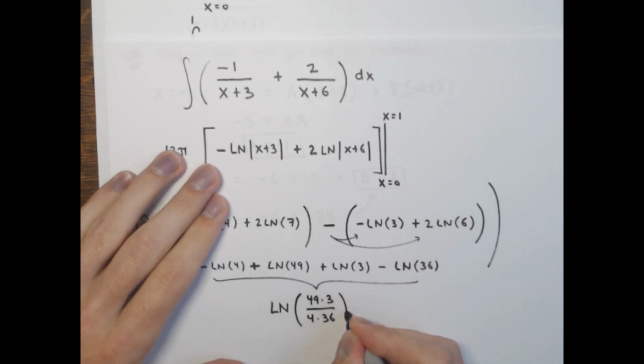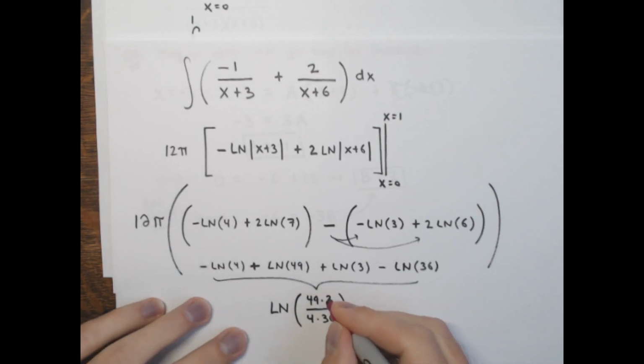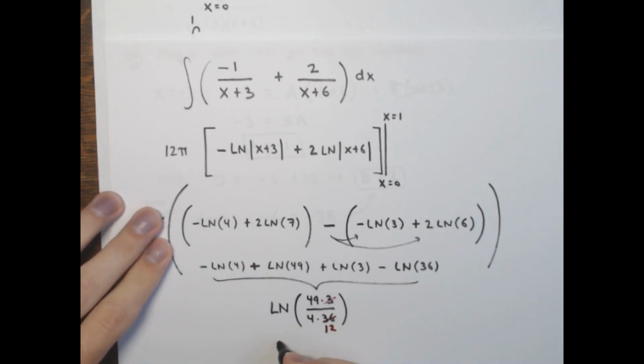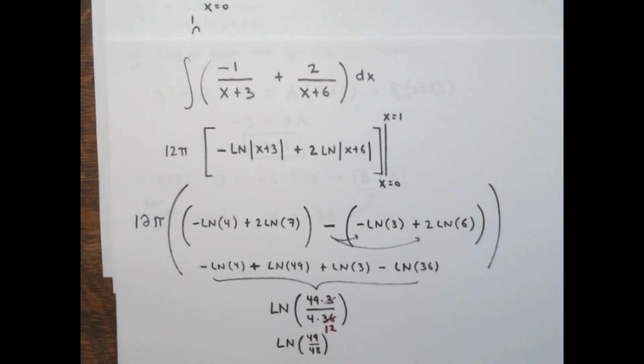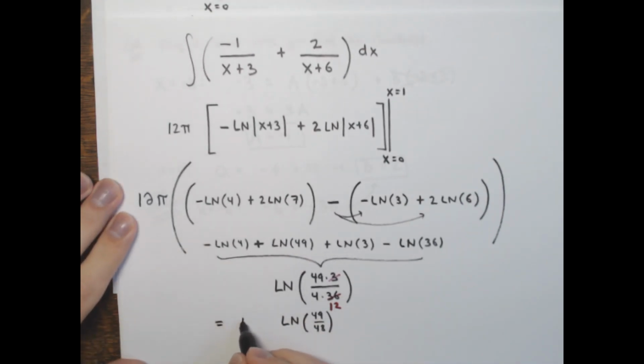And then I can simplify this a tad. 3 goes into 36 12 times. And so we have the natural log of 49/48, which is bigger than 1, so that'll be a positive value. And then times 12 pi. Don't forget the 12 pi here.